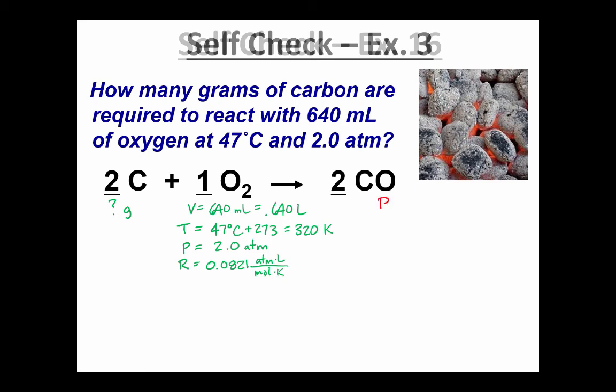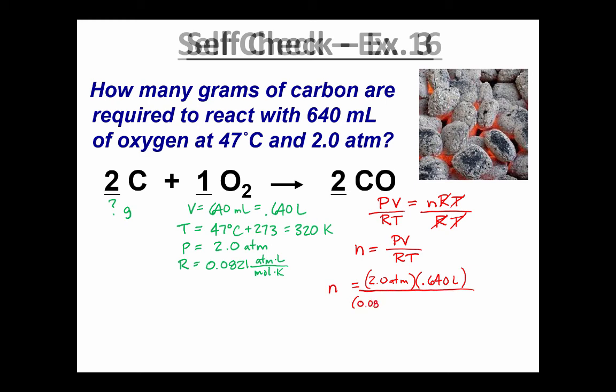We'll write the ideal gas law, PV equals nRT, and then solve for the unknown, n. n equals P times V divided by R and T. We plug in the values, 2 atm times 0.640 liters divided by 0.0821 atmosphere liters per mole kelvins, also divided by 320 kelvins, and all units cancel except for moles.